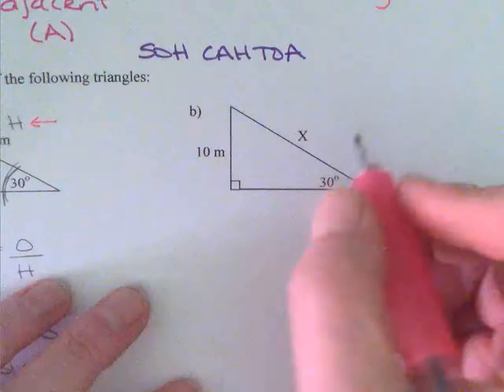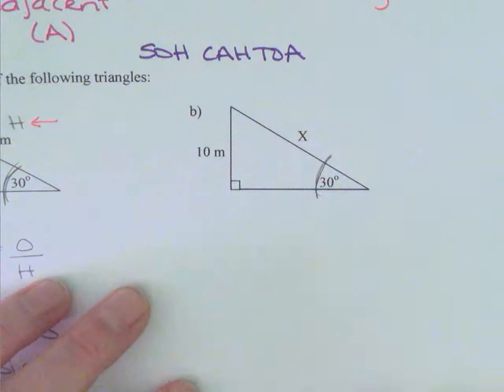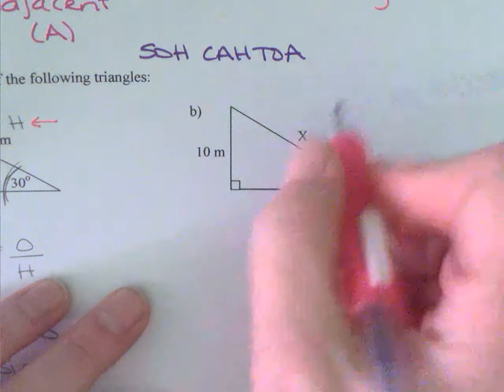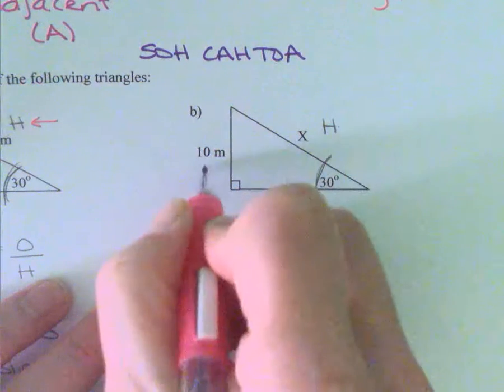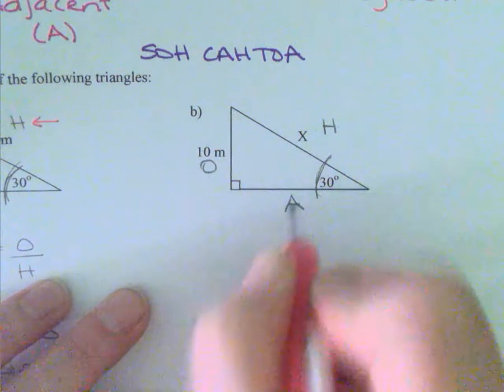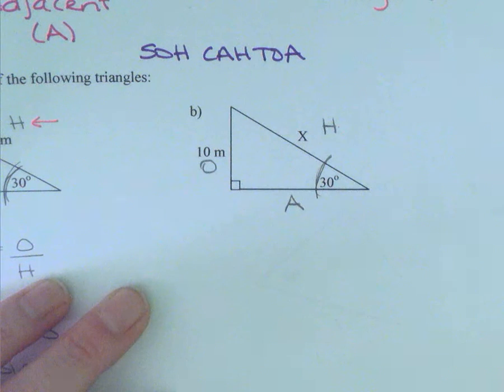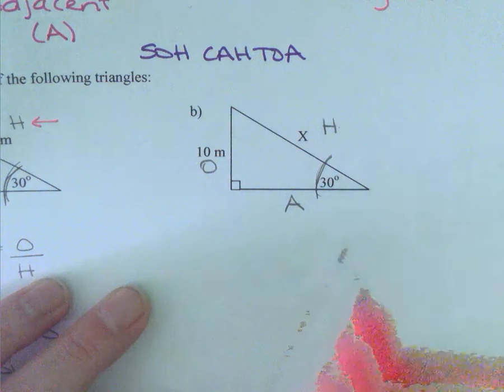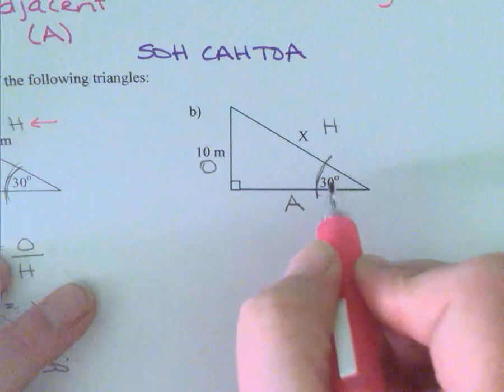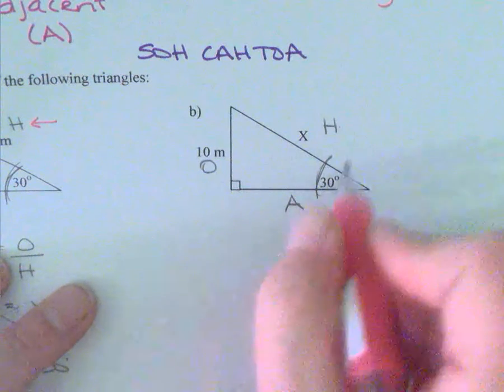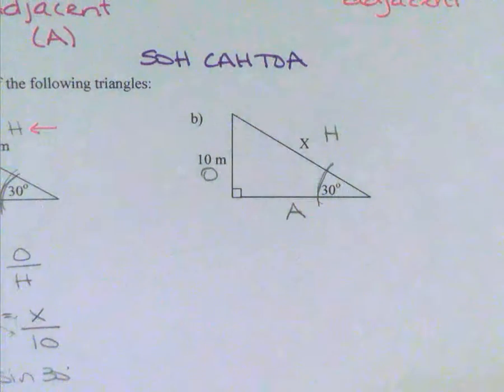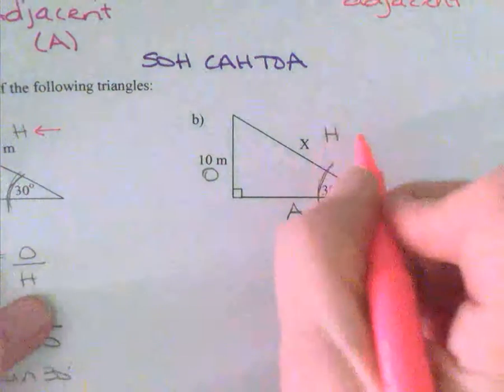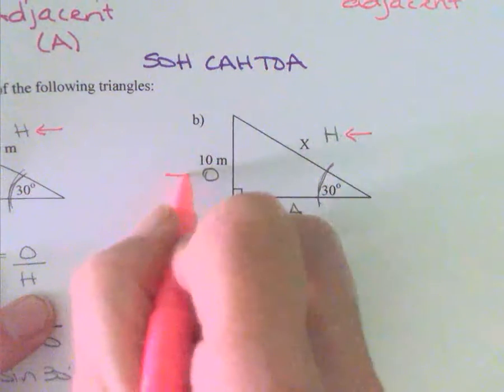Let's look at the next one. So I have the angle 30. This is the hypotenuse. And now that's the opposite, and that's the adjacent. So if I look, I have hypotenuse, and we have opposite.